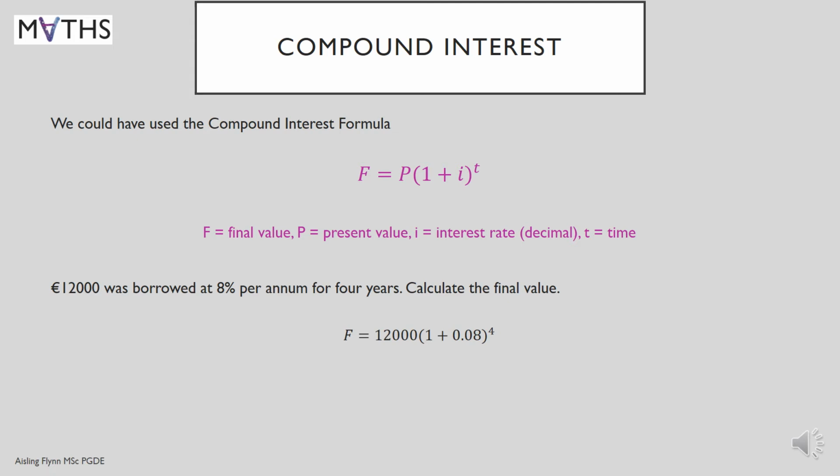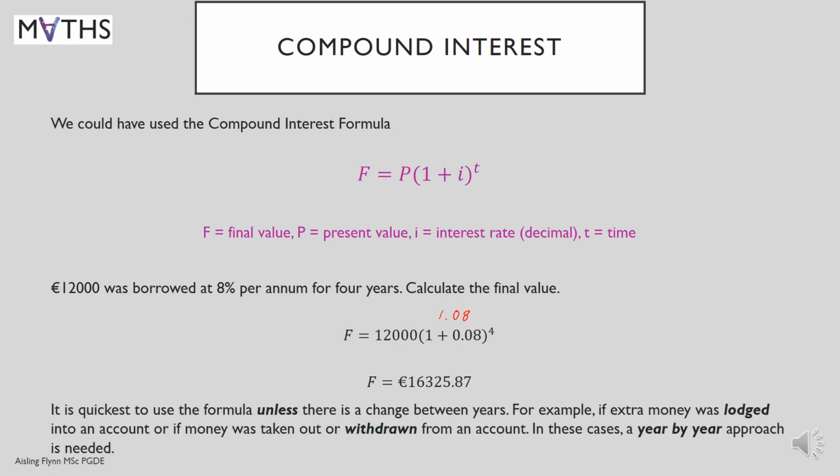In decimal form it's 0.08, and if you wish you could instead do the addition in your head. You could type in 1.08, which is what we used on the previous slide. And we will get the same answer as expected, €16,325.87.